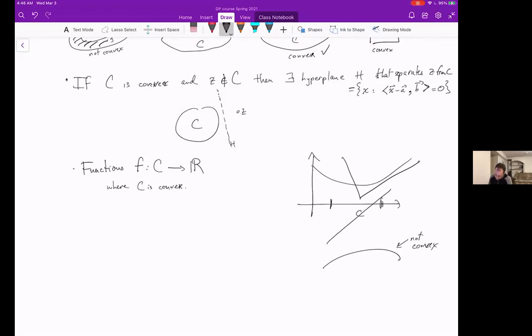So F is convex. The standard definition is, for all X and Y in the domain, we have the following functional inequality.